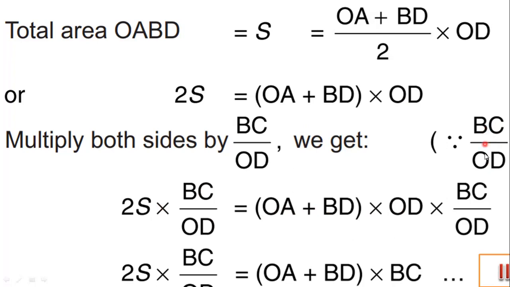From here we get 2S into BC over OD equals (OA plus BD) into BC. This is our second equation.